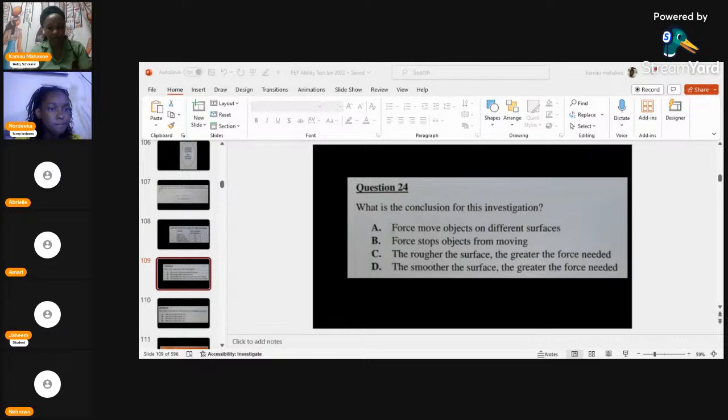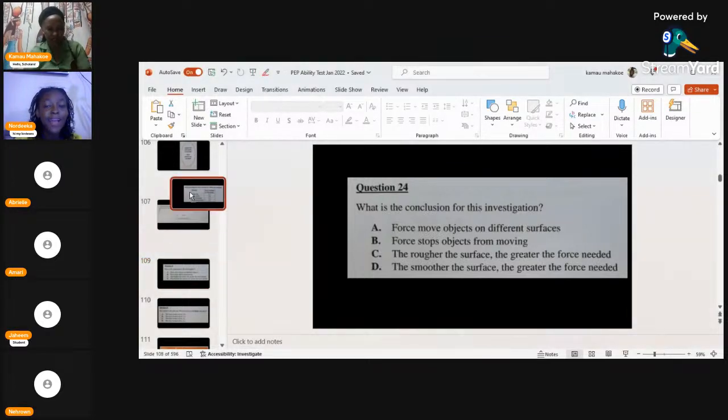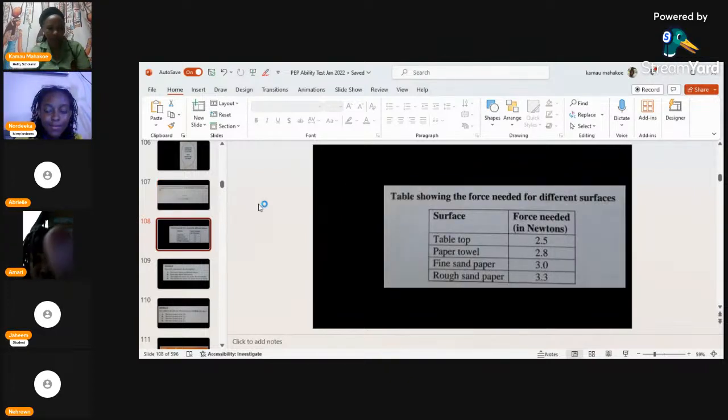So if we look back at the situation, we have four surfaces, and we're looking at the force that is needed to move different materials over the surface.